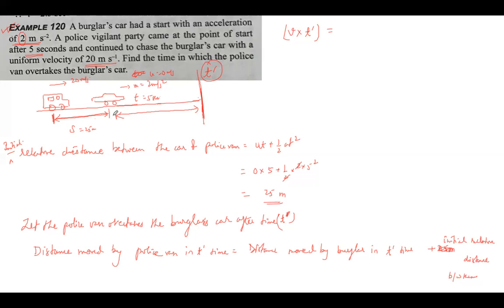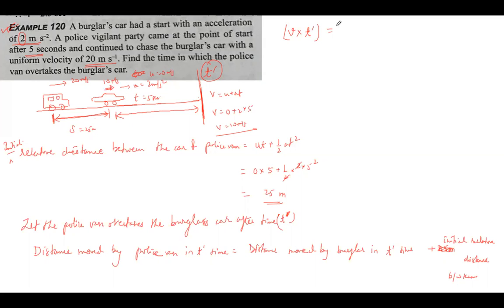So here the initial speed now, so after 5 seconds what would have been the velocity of this? v is equal to u plus at करके हम लोग वेलोसिटी निकाल लेंगे 5 सेकेंड के बाद. जब ये पुलिस वैन वहां पहुंचा तो 0 plus 2 into 5, so this is 10 meter per second. So by the time the police van reached here, it was already moving with a speed 10 meter per second.